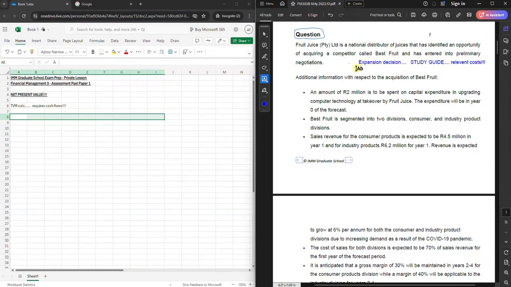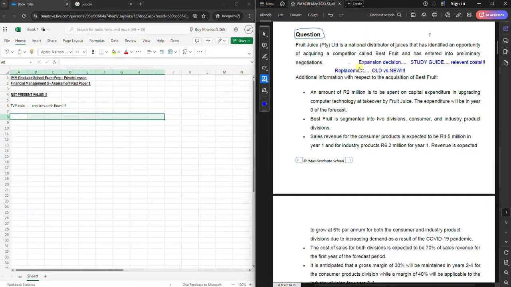It's not replacement. If it was replacement, then you're going to have to look at old versus new. But that's not the case here. So if it's expansion, we're only going to be looking at the current scenario and what's going to happen if I purchase this new business. All right, so that is a difference. Brilliant.